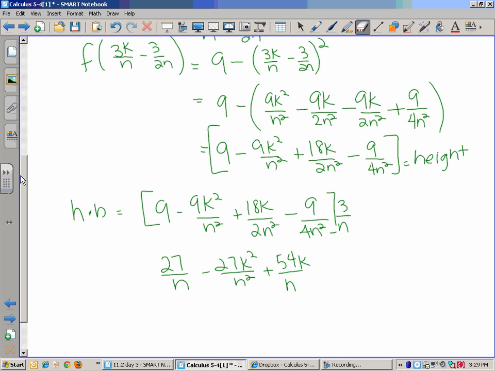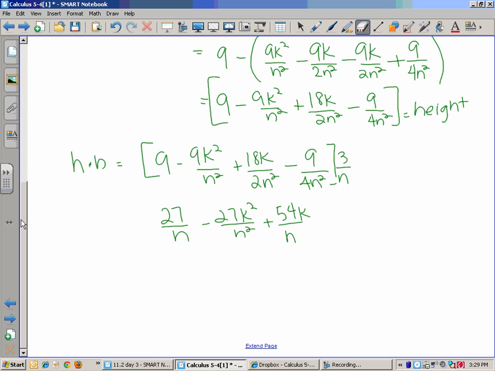Check my algebra. No, it's 2n squared. Okay. 18k over 2n cubed. And then minus 27 over 4n cubed. And now I want to use some formulas. And so we want the limit as n goes to infinity.